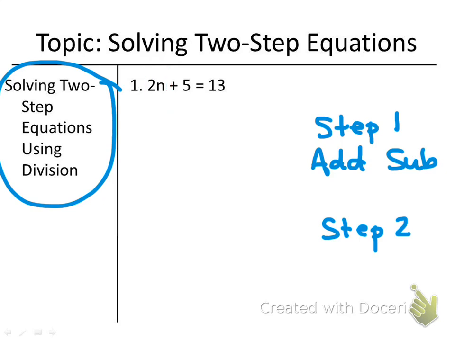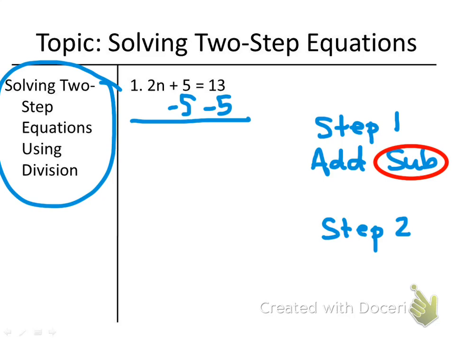The first number I'm going to get rid of is the 5, because that would go under my step 1, add or subtract. Well, the plus 5 is an addition step, and I want to do the opposite, the inverse, to solve for n. So the inverse of addition would be subtraction. So I'm going to subtract 5 from both sides.